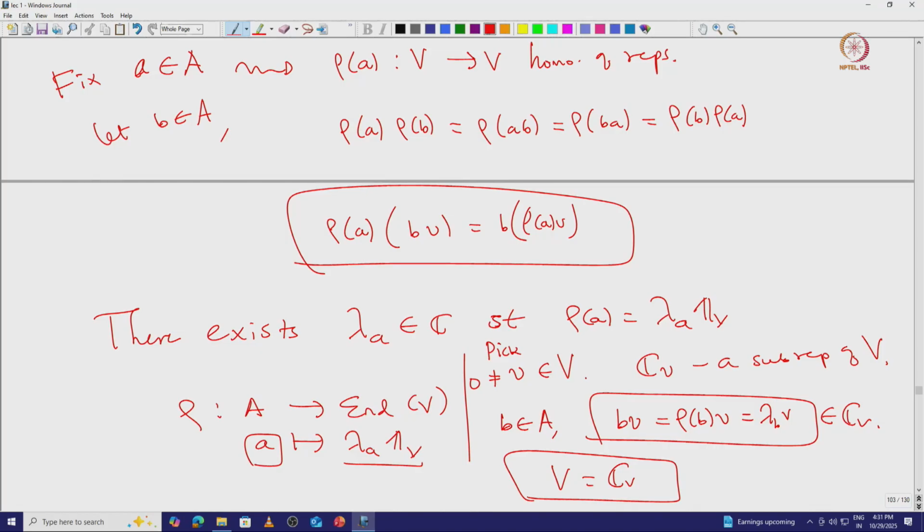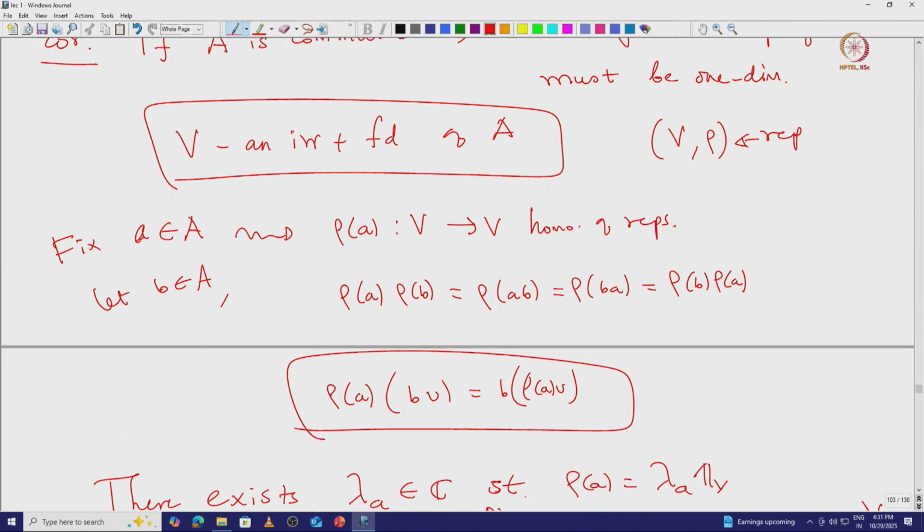Basically, we used this very basic linear algebra result: if we have two commuting diagonalizable operators, then their sums and products will be diagonalizable. That is what is used implicitly here.